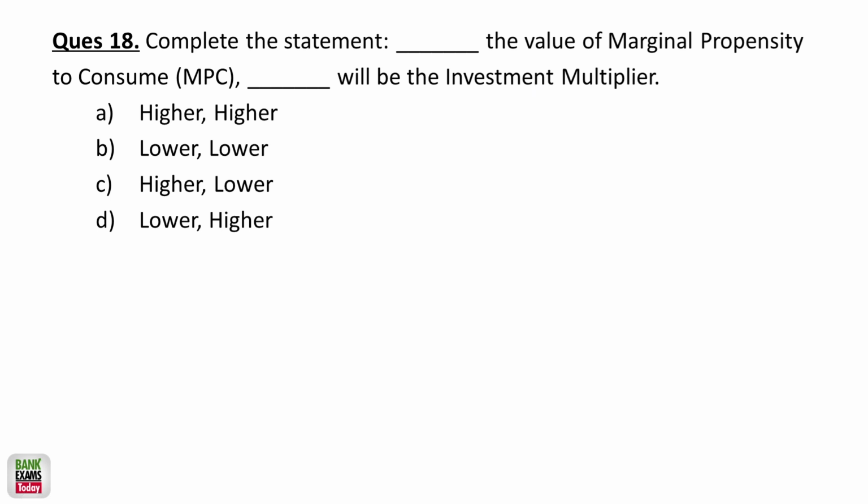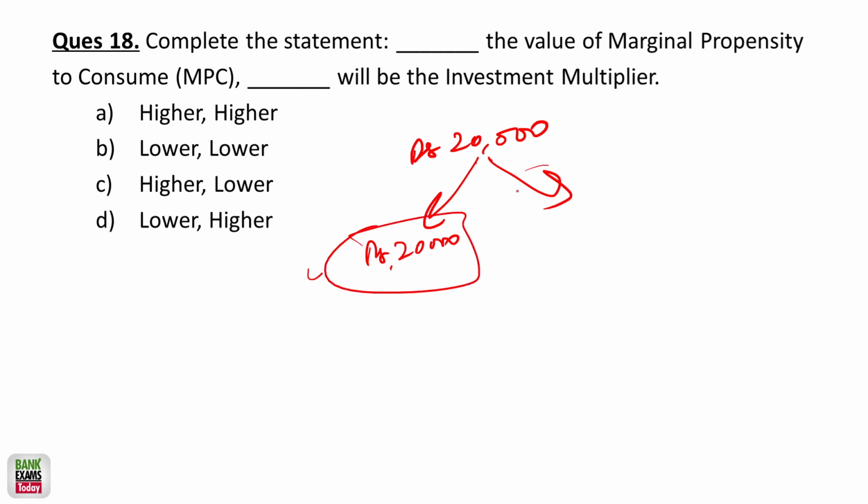So complete the statement. The value of marginal propensity to consume. See students, let's say you make 20,000 rupees a month and you spend 20,000 rupees, right? You give it to 50 people: a landlord, the bar where you bought beer, the gym, and so on.